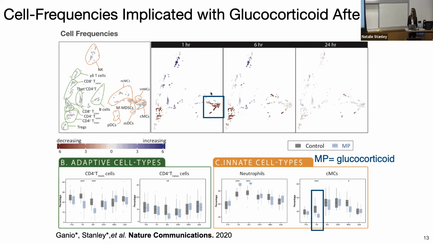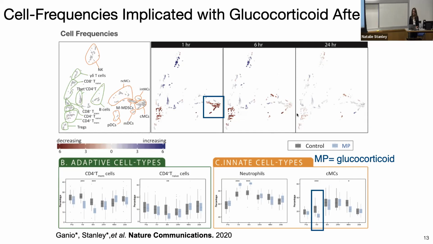And what we were able to infer about classical monocytes is that their frequency decreased in a significant way if the patient had gotten a glucocorticoid after surgery. And this is not surprising because steroids are very immunosuppressive. So you would sort of expect something like this. But what's really cool is that this was done basically with no human involved. We just took the data, applied our algorithm, and this was the result that popped out.